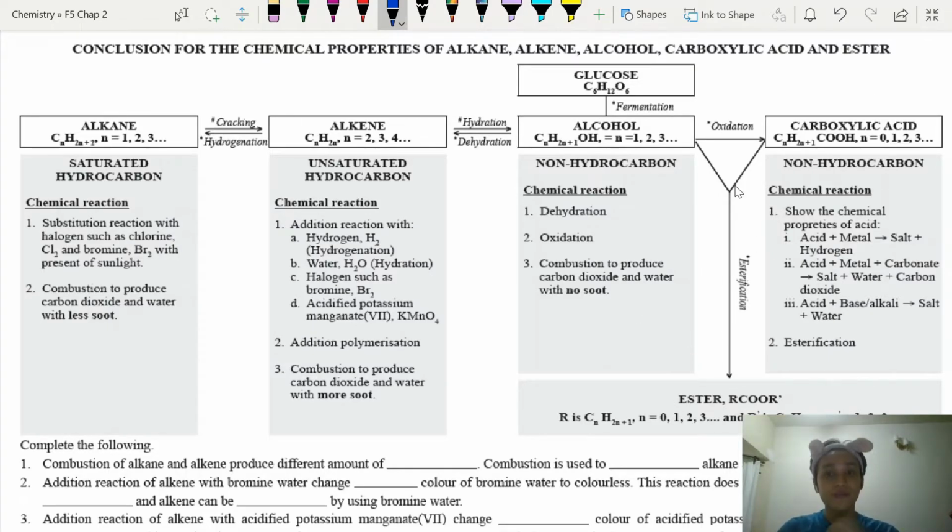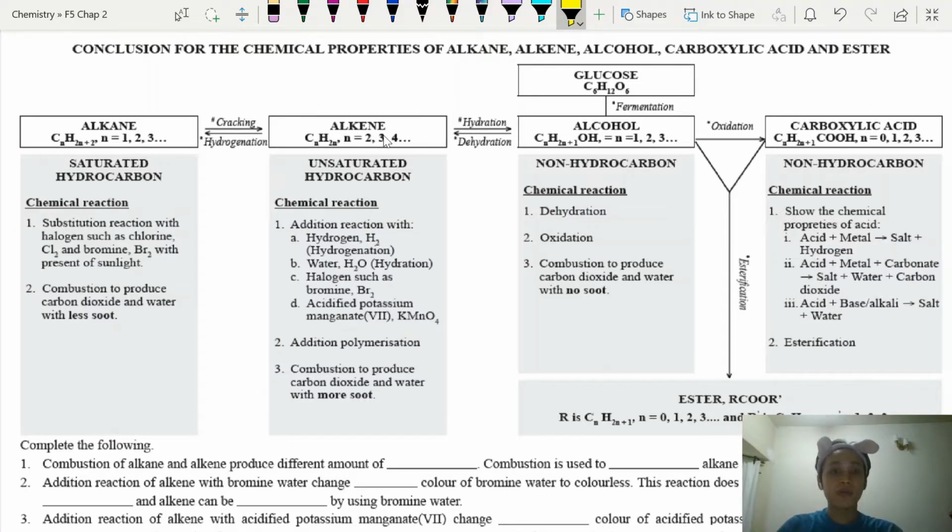In total, you have 5 homologous series, and then you have the functional group. Alkene functional group is the double bond. Alcohol functional group is OH. Acid functional group is COOH. And the ester is COO. You must remember the functional groups. Now, conversion: how to convert from one carbon compound to another.